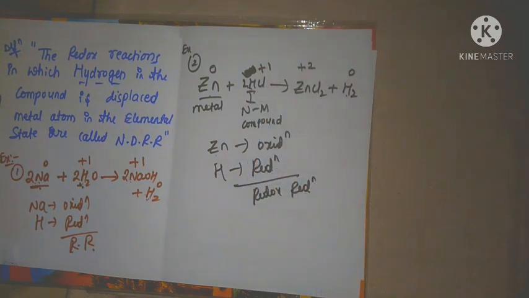Now next we will go for the fourth one, that is the disproportionation redox reaction. Last one, that is the fourth one. For that I am using another paper.